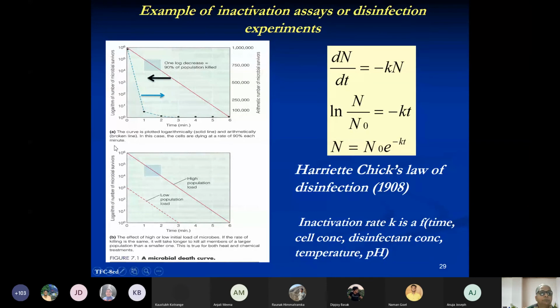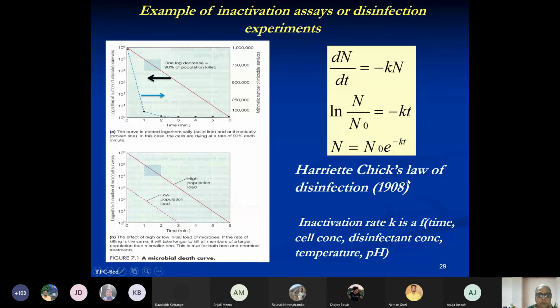And remember what I said about coliforms. We want 0 coliforms, because if coliforms are present, it means there's possible contamination of the water. So it's very important for all of you to remember the meaning of 1 log decrease. 1 log decrease means 90% has gone, only 10% is surviving.